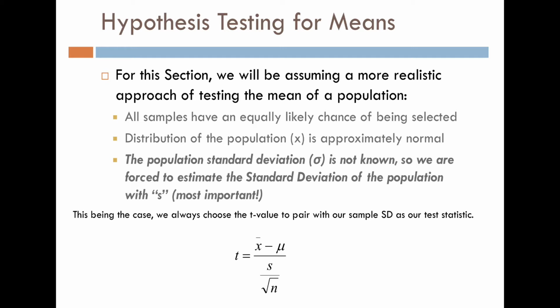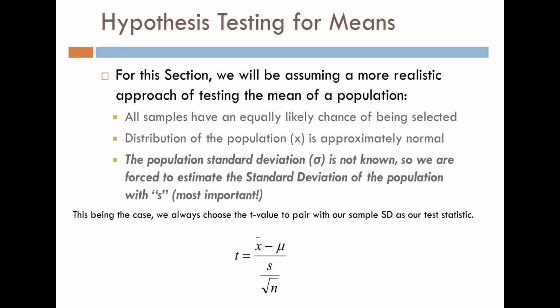The consequence of this is that if the underlying population from which we are sampling is approximately normal, any sample of any size, it doesn't have to be greater than 30, will produce a sampling distribution, a distribution of all possible samples of that size, that will be approximately normal as well.